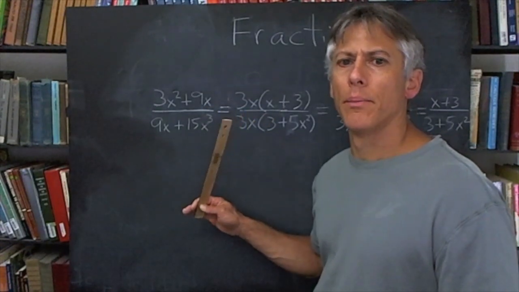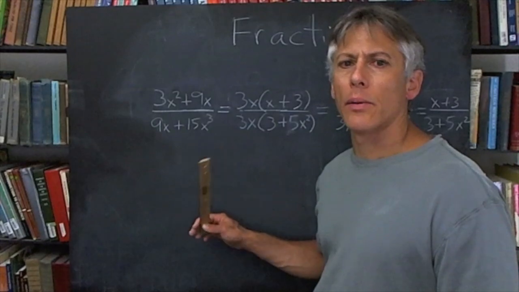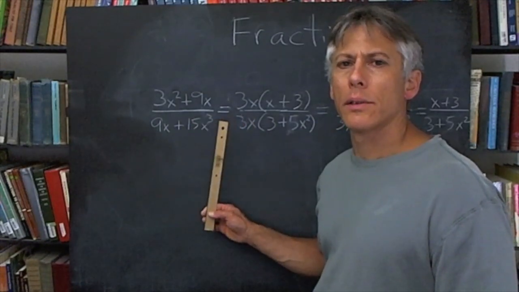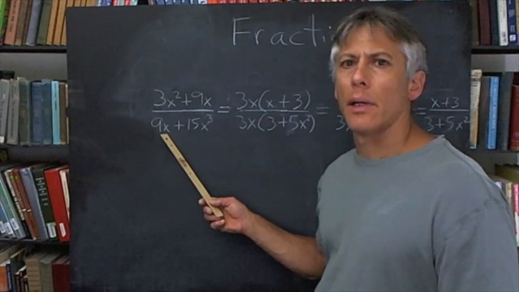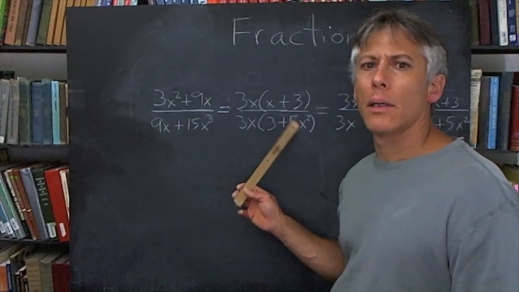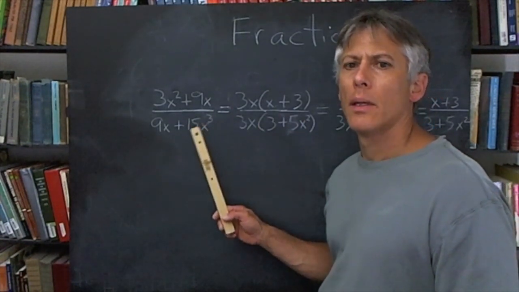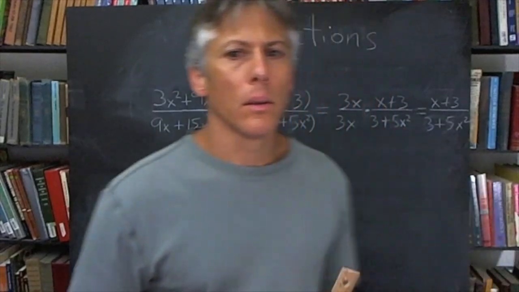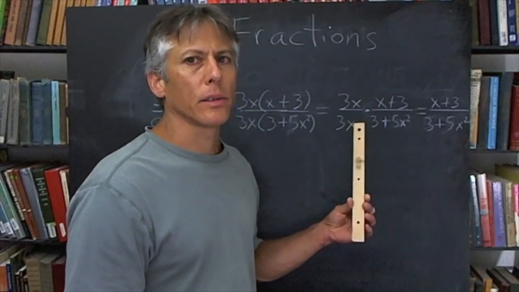So it's good. On the bottom, we factored out a 3x also. So let's verify that. 3x times 3 is your 9x, and 3x times 5x squared is 15x to the third. So it's good. Now, we could have gotten this product by multiplying these two separate fractions together.